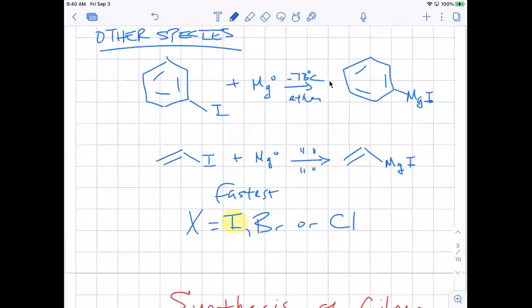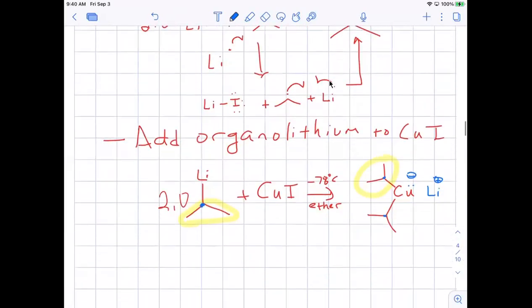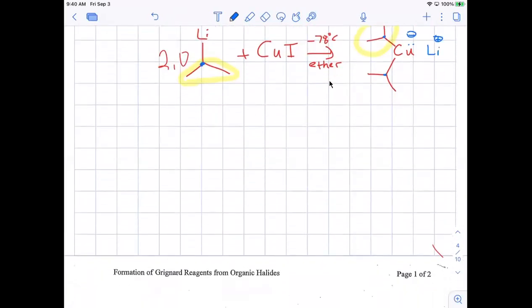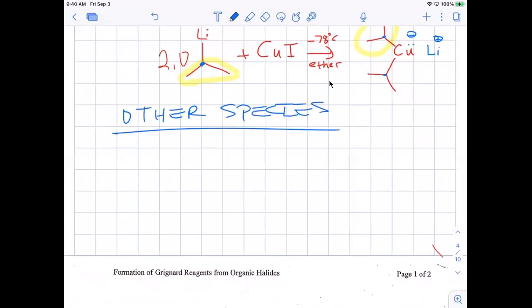Right, by the same token, with your Gilman reagents, they don't always have to be alkyl. You can use other types of species, just like up top. Right, you can use an aromatic.